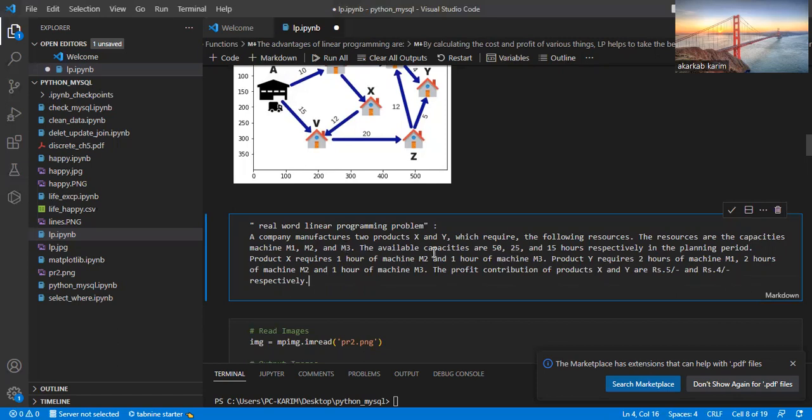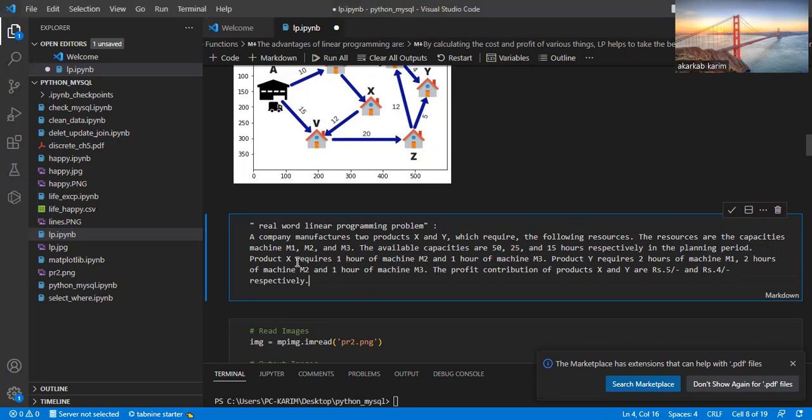The available capacities are 50, 25, and 50 hours. So the constraint here is the time. We have these machines and the capacity of all these machines is 50 for M1, 25 for M2, and 15 for M3.